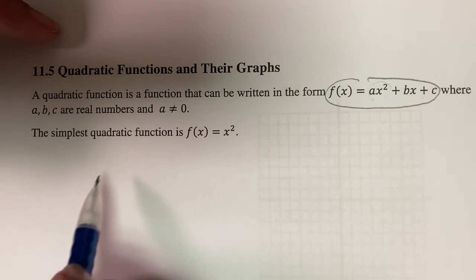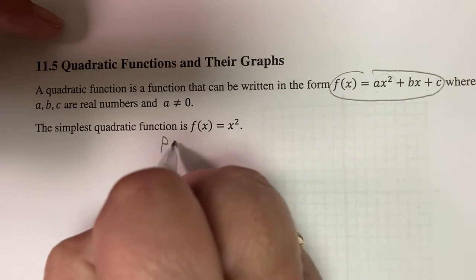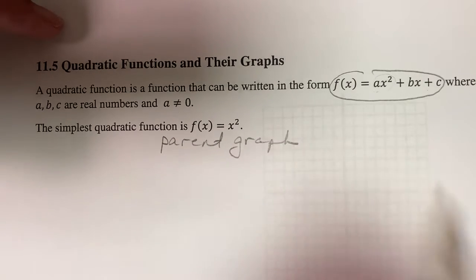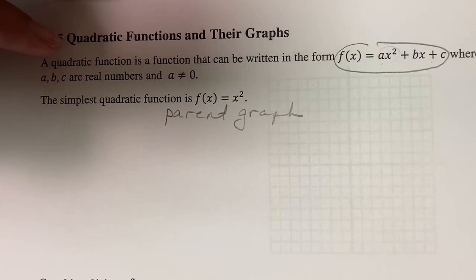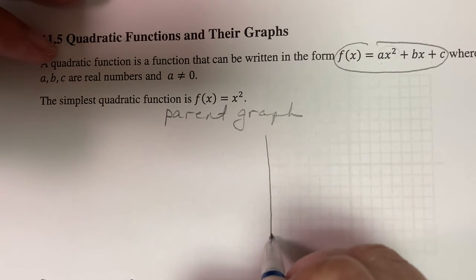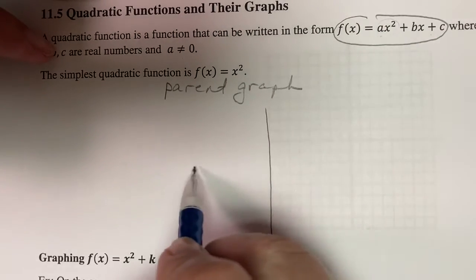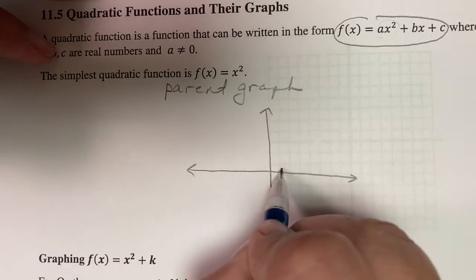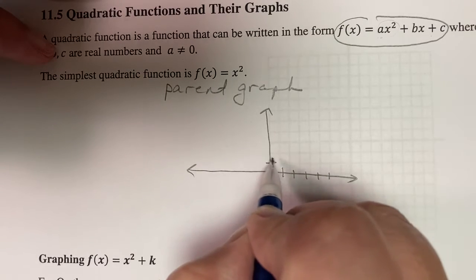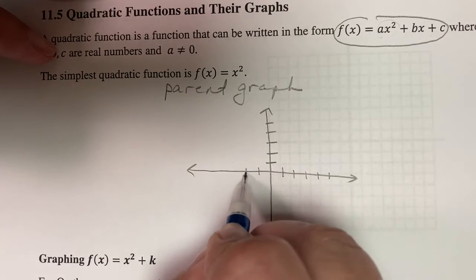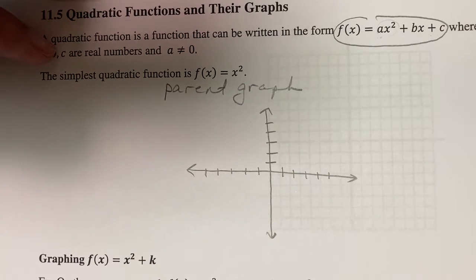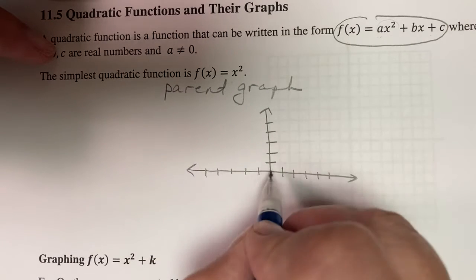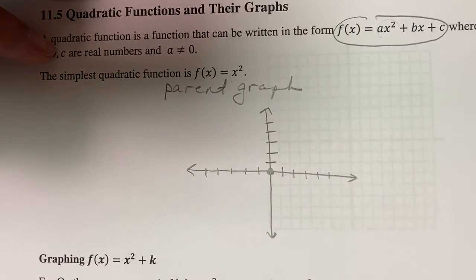Okay, so the very simplest quadratic function, I like to call it the parent graph, is f of x equals x squared. And if we were to go ahead and graph f of x equals x squared, it would look something like this. So if I were to plug in 0 for x, 0 squared is 0, so there's a point at the origin.